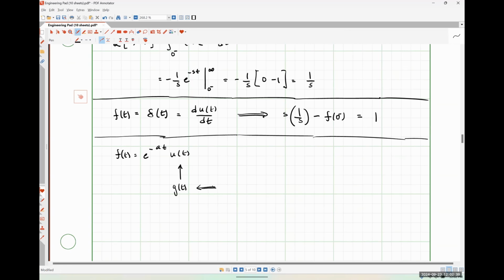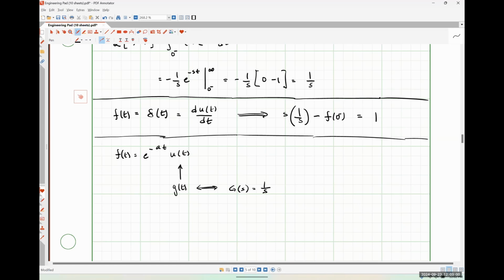It should have a Laplace transform capital G of s of 1 over s, according to what we did up here, right? The Laplace transform of a unit step function is 1 over s. What does the frequency shifting property tell me that I can do?